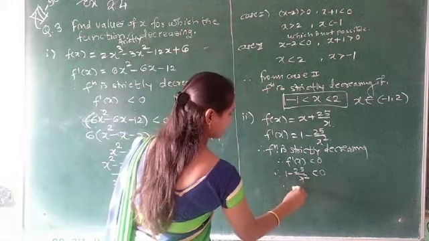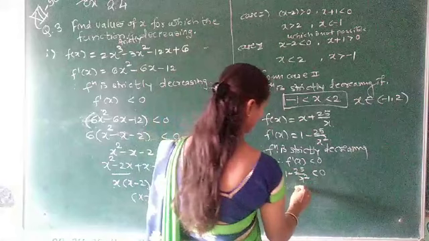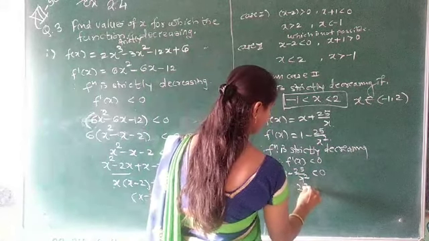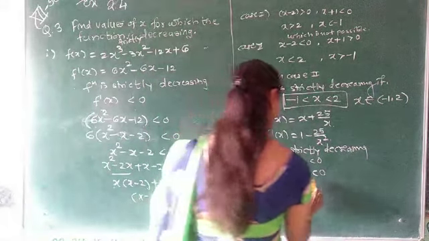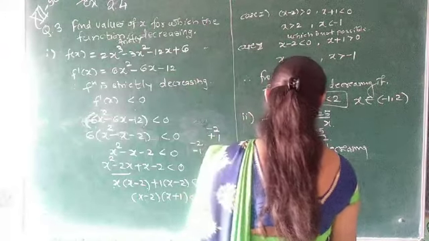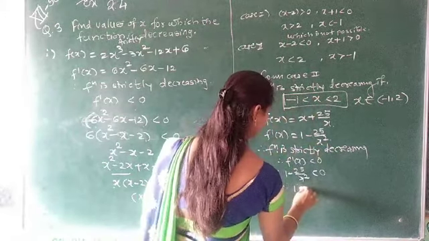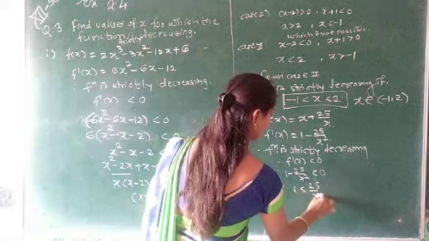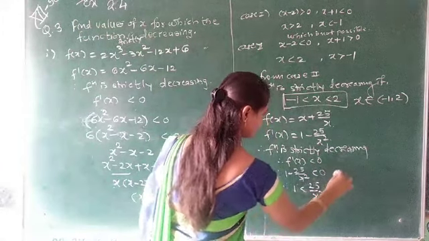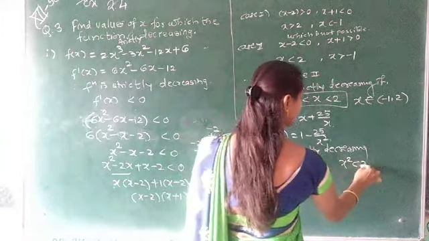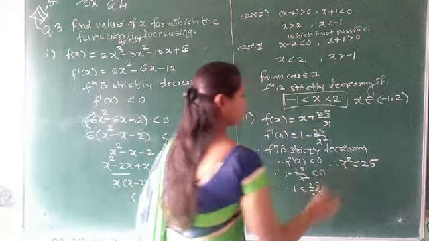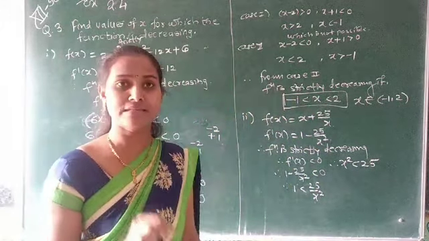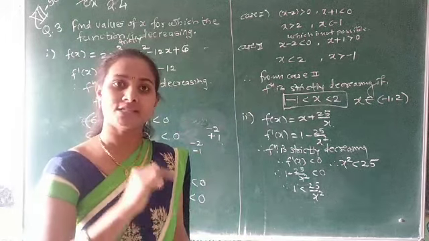That means 1 is less than 25 upon x square. That means x square is less than 25. That means x lies between minus 5 and 5.